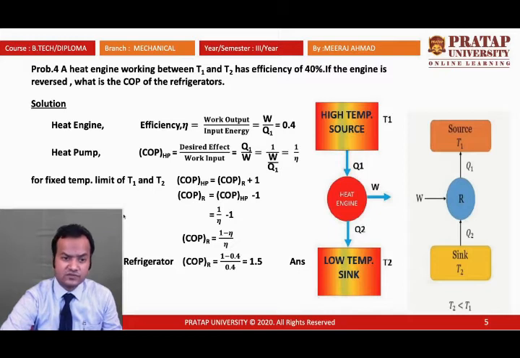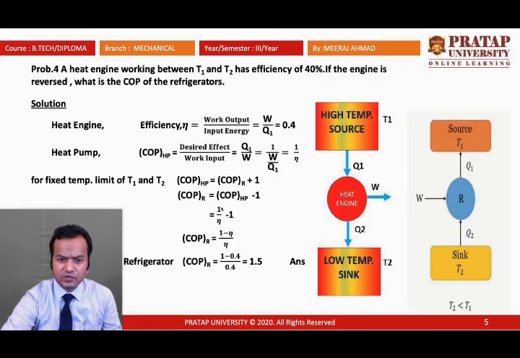Use this relation: for the fixed temperature limit, the COP of the heat pump is equal to the COP of the refrigerator plus 1. The COP of the heat pump is always 1 greater than the COP of the refrigerator. So from here you find the COP of the refrigerator. The COP of heat pump minus 1 is equal to the COP of refrigerator, and put the value of COP of heat pump from the above equation.